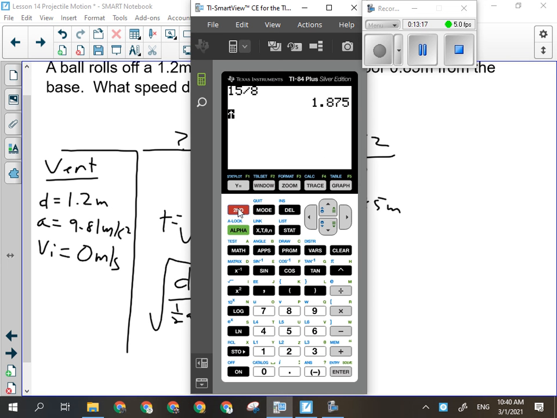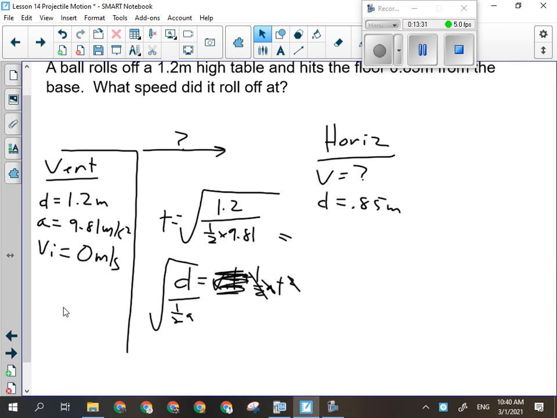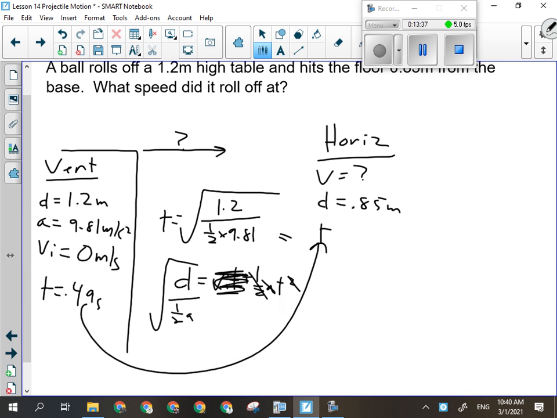Okay, so we got square root of 1.2 divided by 4.905, which is half of 9.81. Okay, so this thing is going to fall for 0.49 seconds, which is something that can come over here.